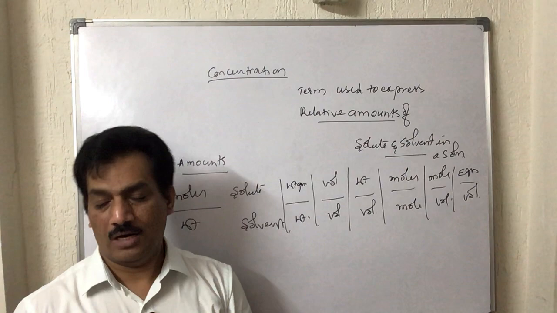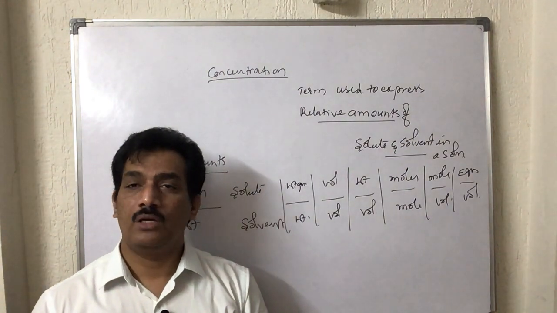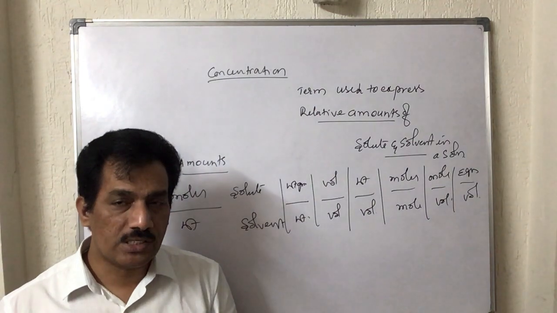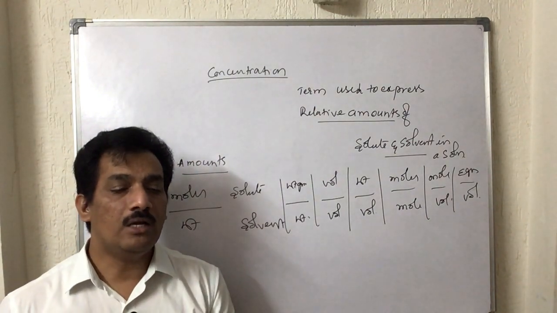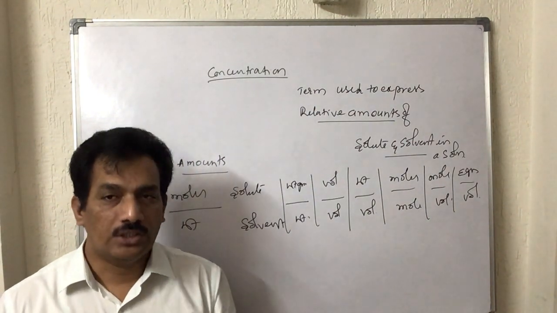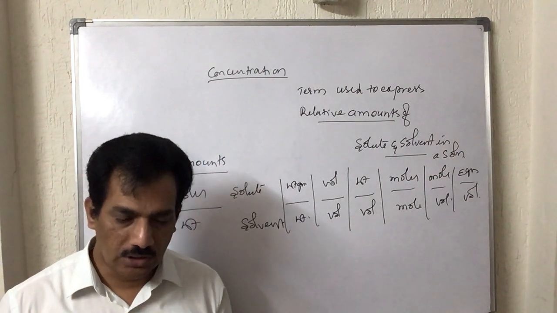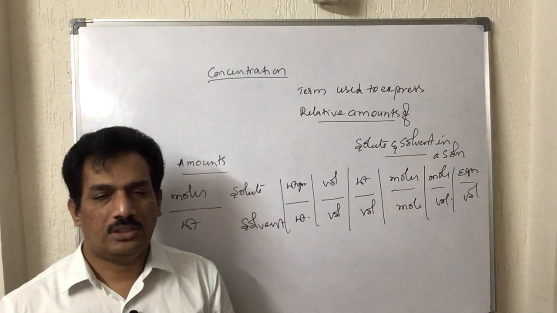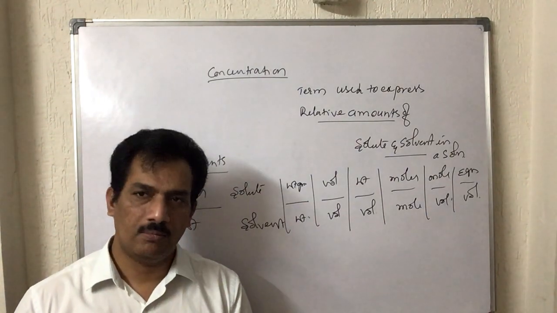In our next session we are going to learn the different terms used to express the relative amounts, and what concentration term it ultimately results in. For example, let me give molarity.